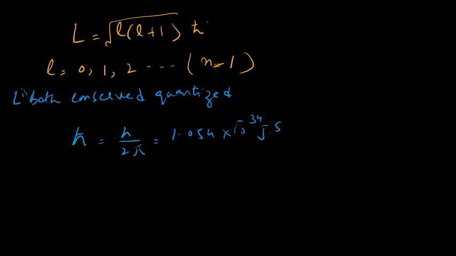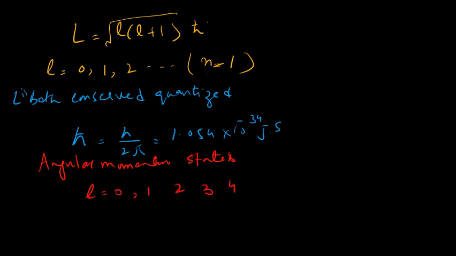So we can specify the different angular momentum states. How can we specify them? For l equals 0, 1, 2, 3, 4, 5, 6 and so on: l equals 0 corresponds to the s state, then p, d, f, g, h, i, and so on.